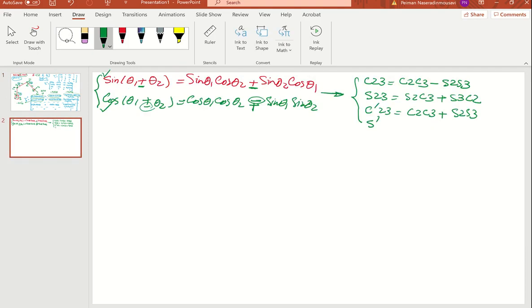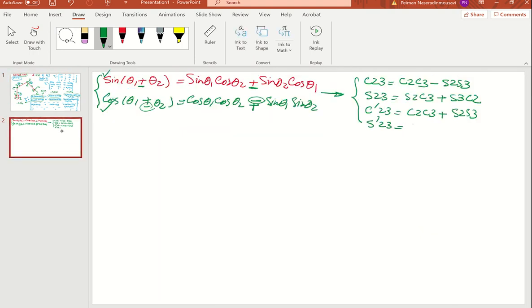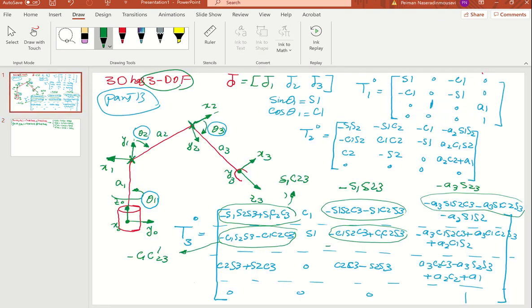I'm gonna have sine prime 2, 3, which is S2 cosine 3 minus cosine 2 S3. So S2 cosine 3 minus S3 cosine 2. I'm defining it here. You have to use it. So I'm going to replace it as minus cosine 1 S prime 2, 3.